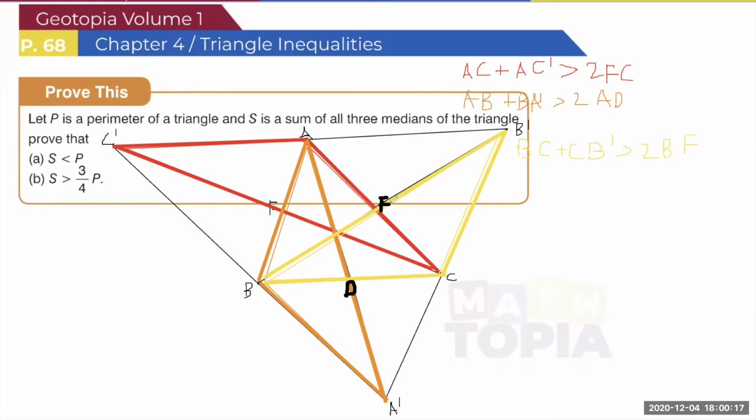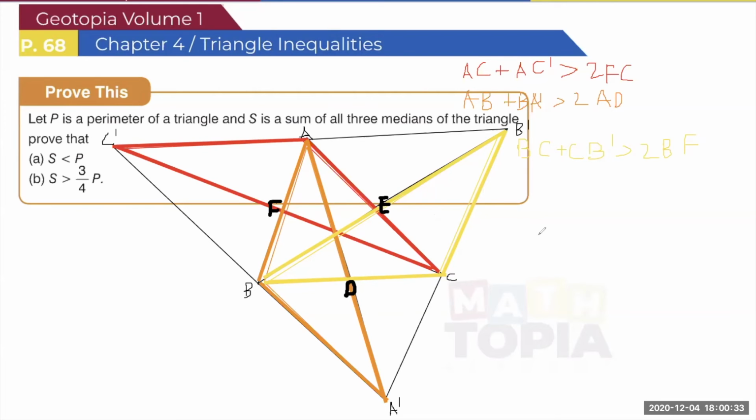And now, one more thing. We can replace each of these 3, AC prime, BA prime, and CB prime. Since they're in parallelograms, we can equate each to the one that's opposite it.